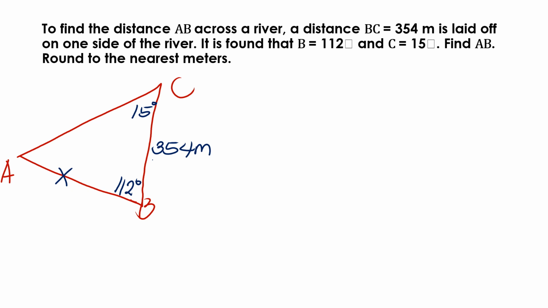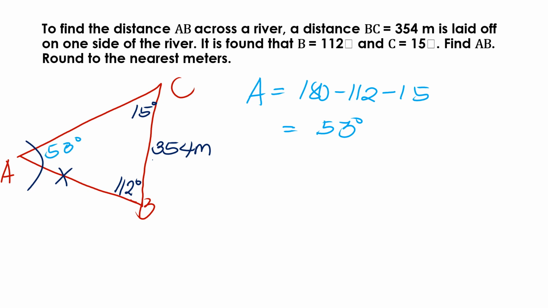So we need to get first this angle. We just have to subtract it from 180 degrees. So your A is equal to 180 minus 112 minus 15. So the value of your angle A is 53 degrees. If you already have your angle A, we can now use your law of sine to find our x.